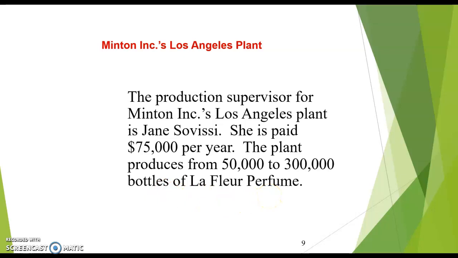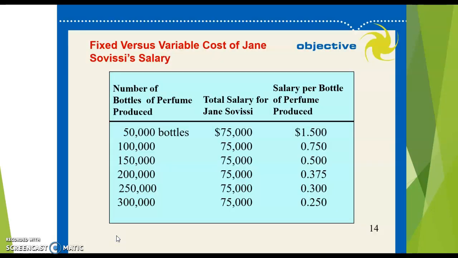So no matter how many bottles of perfume they're making, she is just getting her flat salary of $75,000 a year. So that is a fixed cost. Here again are all the different amounts of bottles we might make, all the way up to 300,000. That's our relevant range, but her salary stays the same.